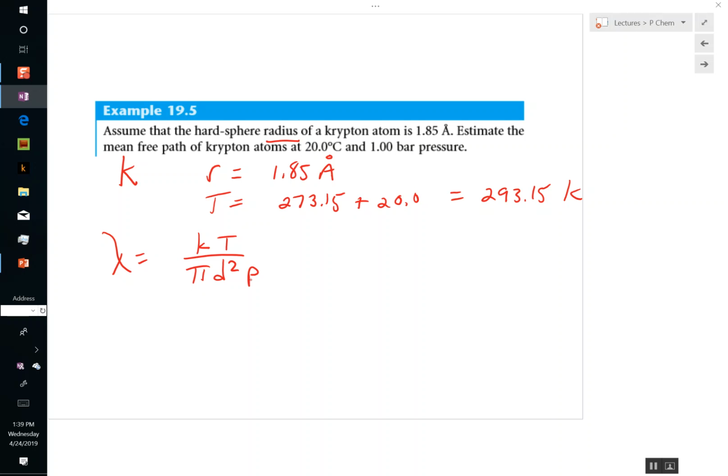Yeah, you're going to have to convert it. 1 angstrom equals 10 to the negative 10th meters.